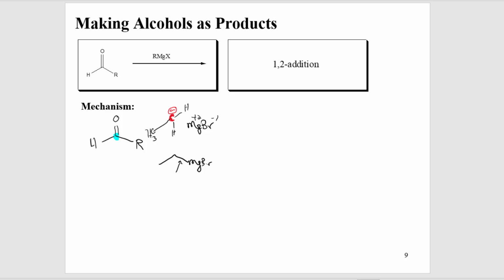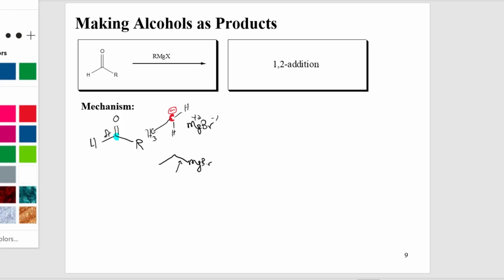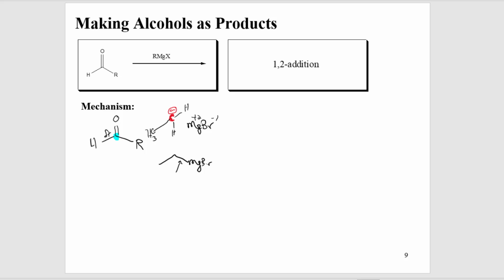All right, now our minus carbon is attracted to the partially positive carbonyl. Let's just evaluate here. I've got a hydrogen on the left, and I have a methyl on the right, and I'm adding a carbon. So carbon minus comes in, and the pi bond breaks and goes up.